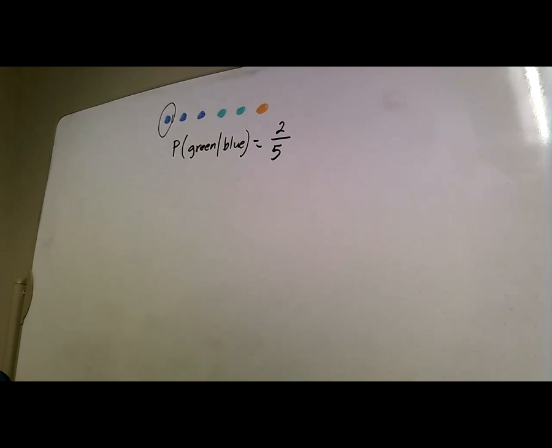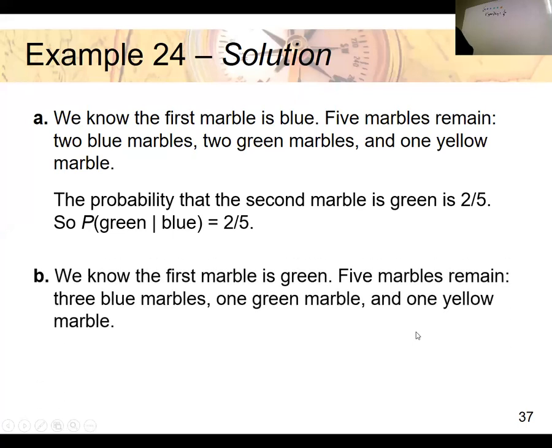All right, now for part B, where we're finding the probability that the second marble is green, given that the first marble is also green.